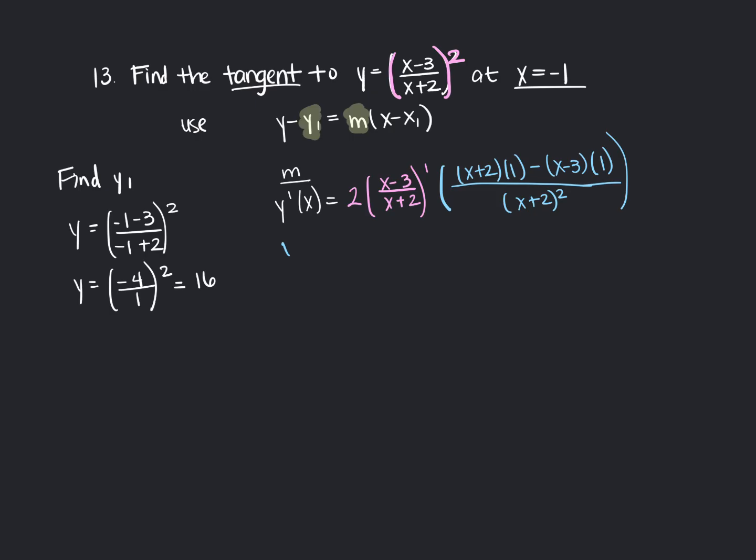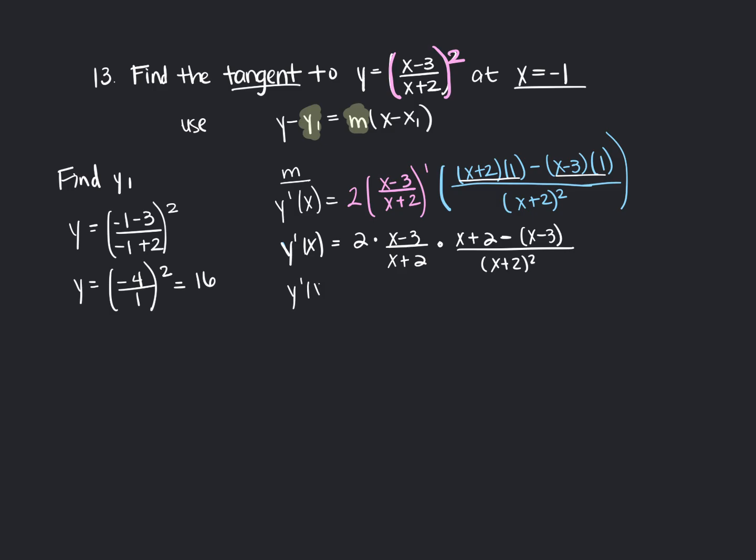So when we clean this up, I have 2 times x minus 3 over x plus 2 times x plus 2 times 1 is just x plus 2 minus x minus 3 times 1 is x minus 3 over x plus 2 squared.